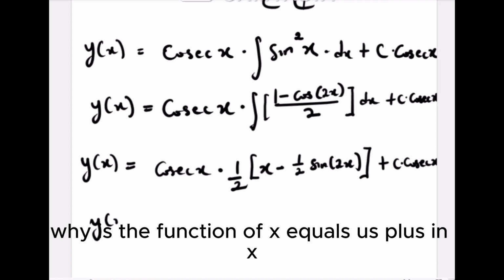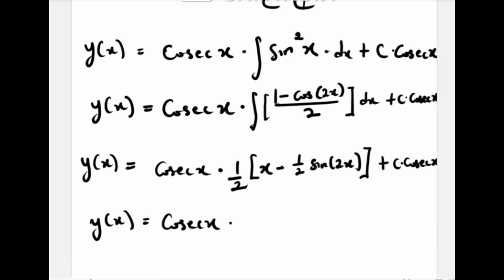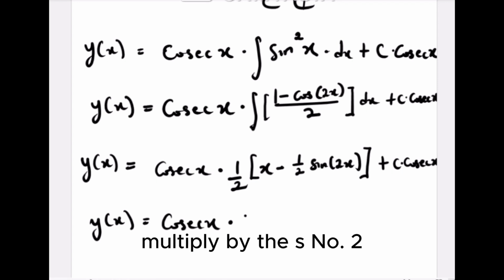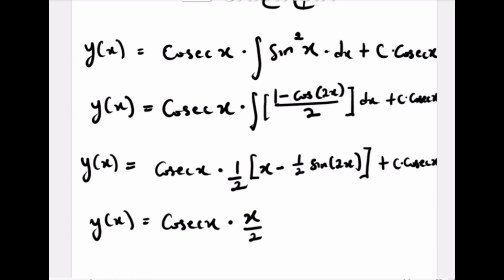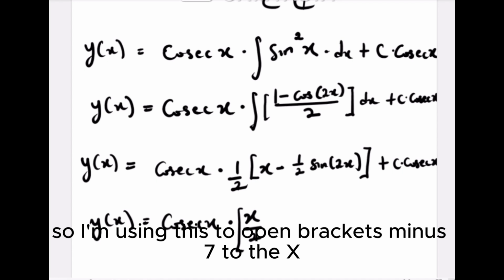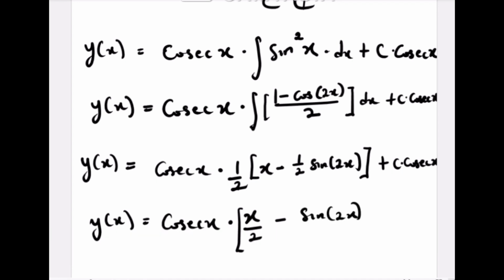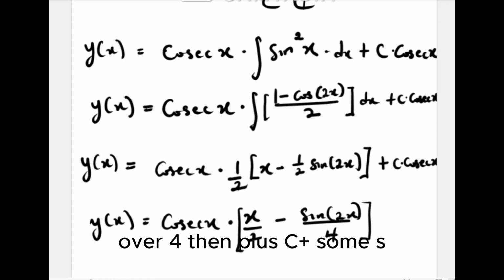So y as a function of x equals cosec x multiplied by x over 2, and let's put this in brackets, minus sin 2x over 4, then plus c cosec x.